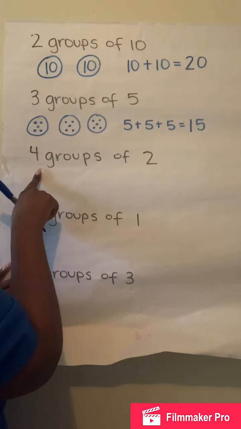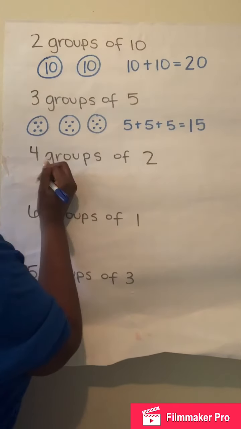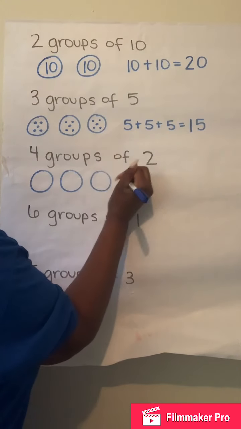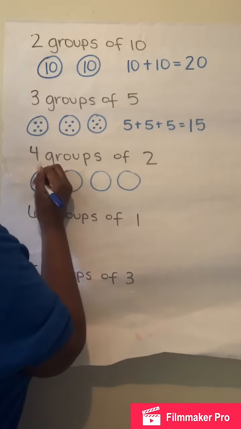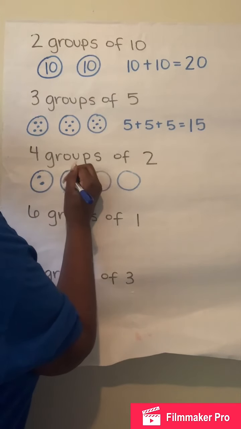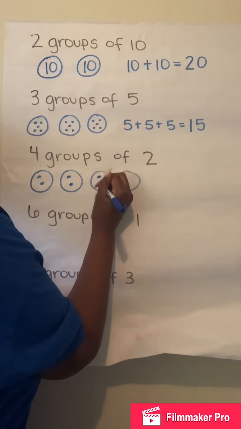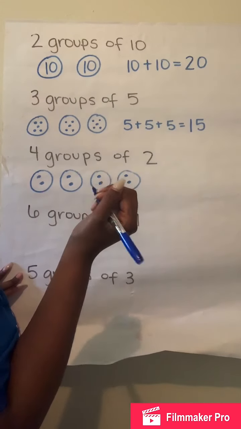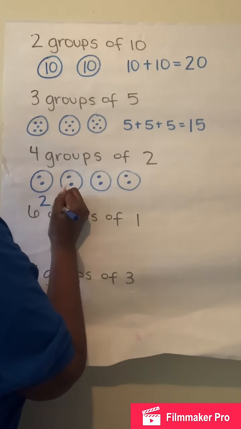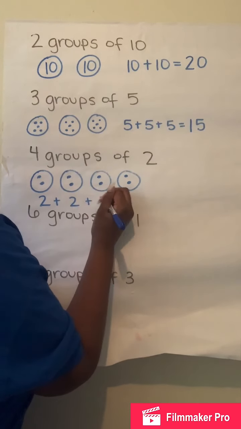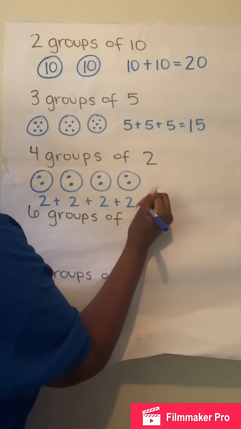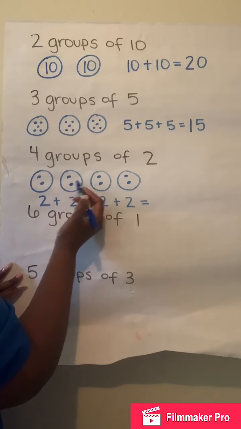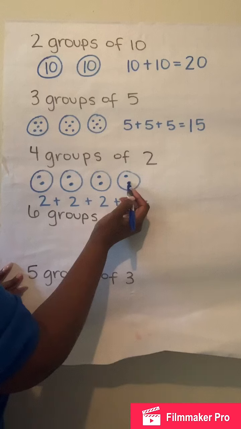Let's look at the third one. 4 groups of 2. I'm going to draw 4 groups. I'm going to draw 2 in each group. I'm going to write my equation. 2 plus 2 plus 2 plus 2 equals 1, 2, 3, 4, 5, 6, 7, 8.